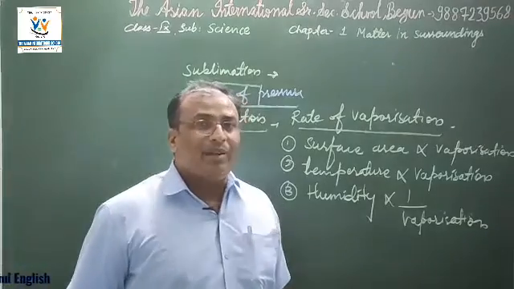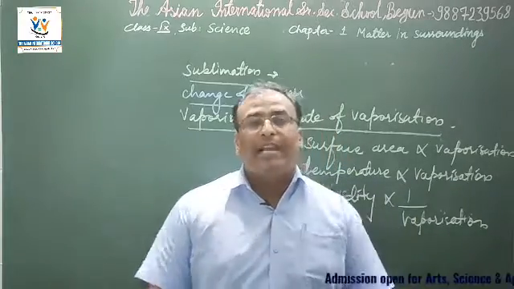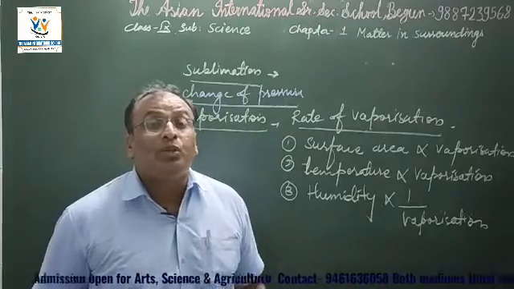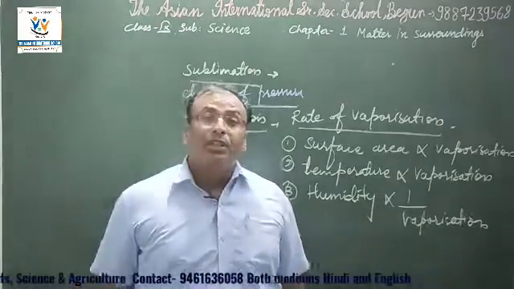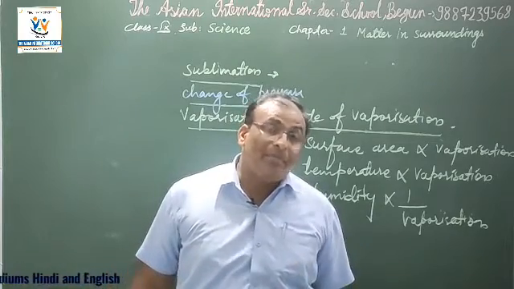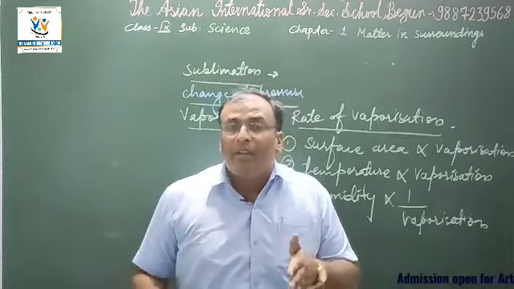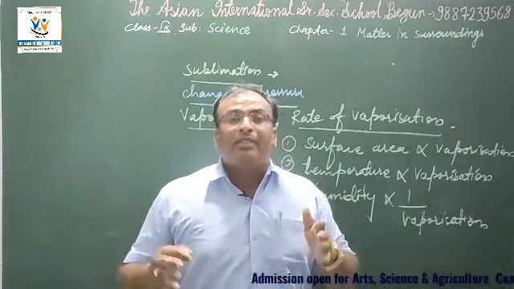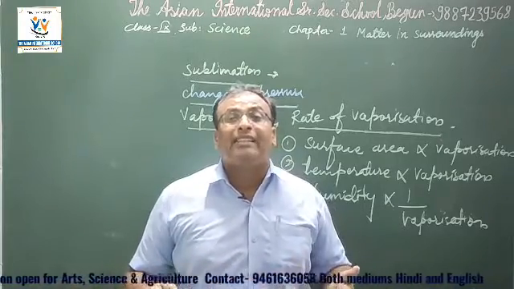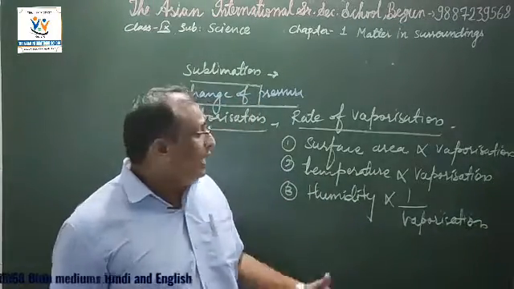In rainy seasons, you have seen that most water vapor is present in our surroundings due to higher humidity. The cloth remains wet for a long time. Why? Because due to the presence of water vapor in the atmosphere, the water in the wet clothes does not change into vapor and reach the atmosphere easily.